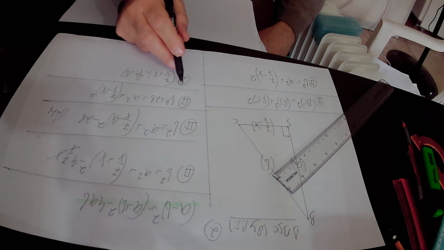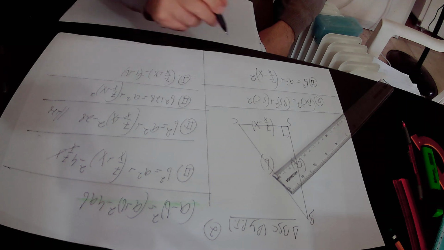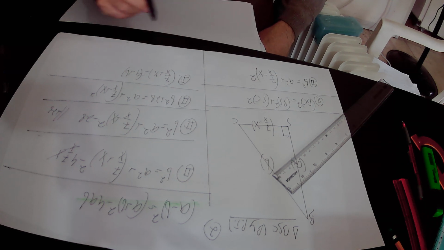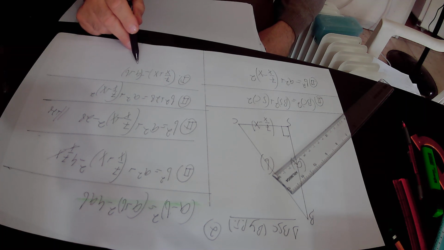So here, according to equation 2, we have b squared plus 28 equals a squared plus 7 over x plus x squared. And 7 over x plus x equals a plus b according to equation 1.